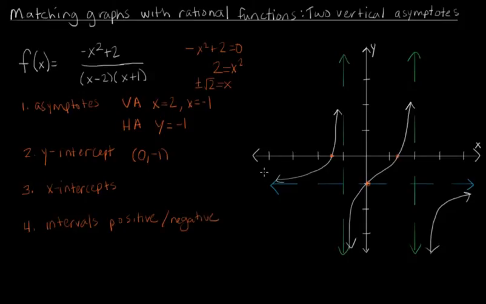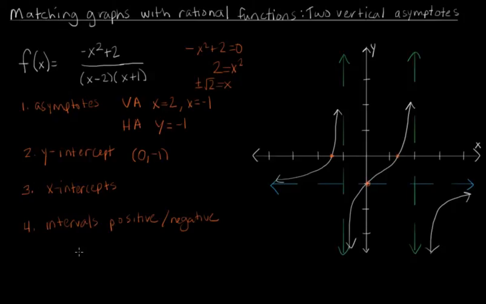A rational function can change from positive to negative either at an x-intercept like this or at an asymptote like this. So we can look at the intervals in between the asymptotes and the x-intercepts and see where it is going to be positive and where it is going to be negative.